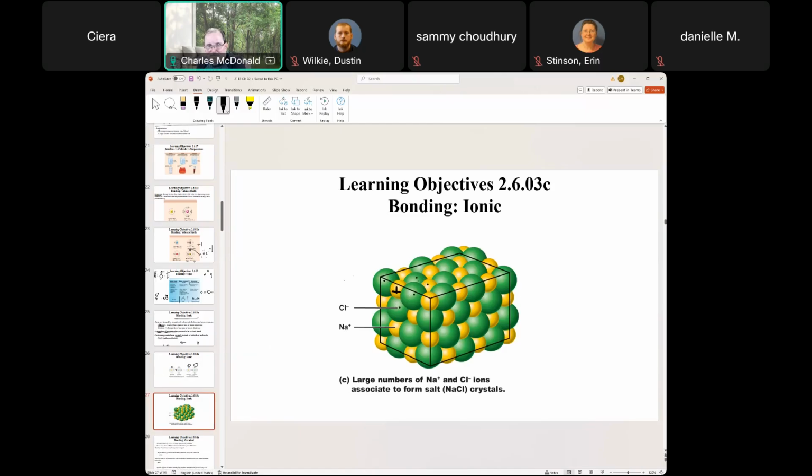And right there in the middle, this guy's going to have 5, and the ones on the bottom will have 6. These guys will have these guys on every side. But anyway, that's the crystal.